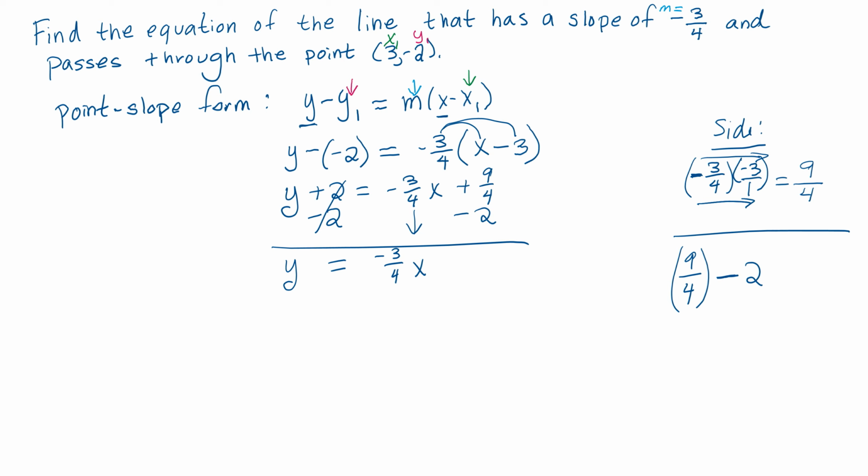If we're subtracting 2 and we need this to have a denominator of 4, this is going to become 9 over 4 minus something over 4. We already have a 2 there, so this is really 2 over 1.